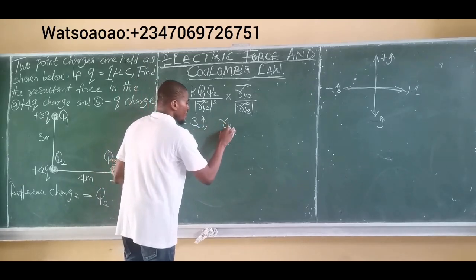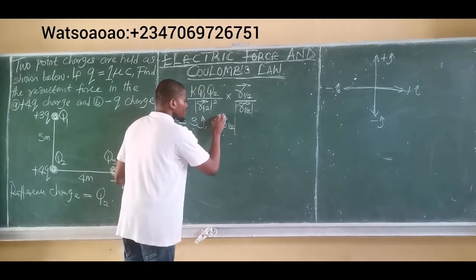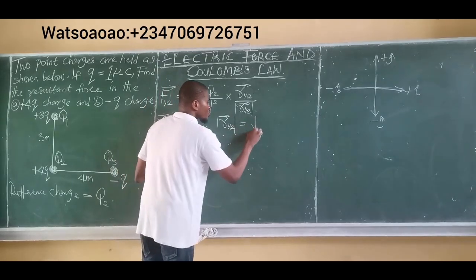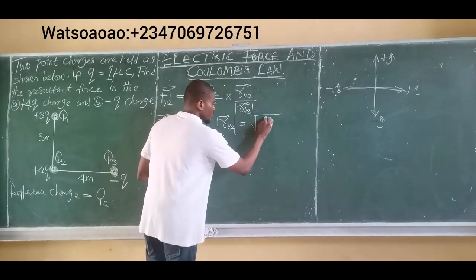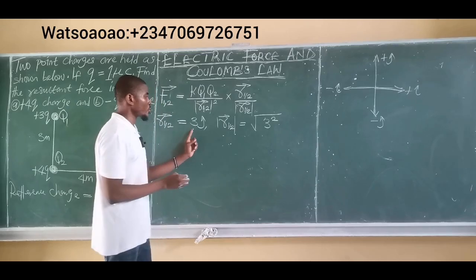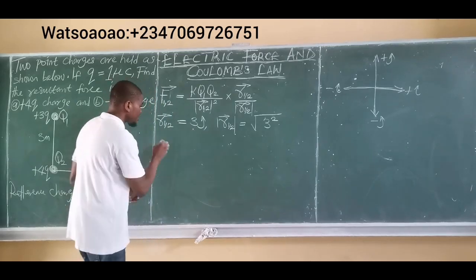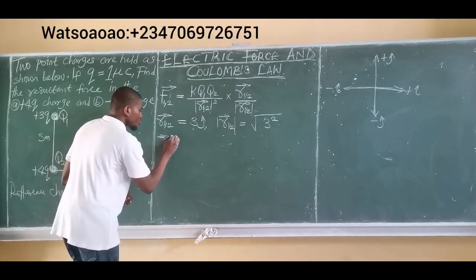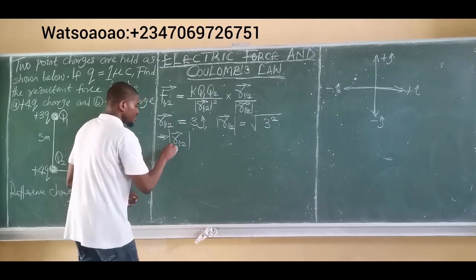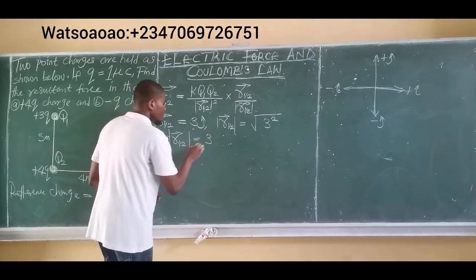Magnitude simply means taking the square and square root of that given position. So the square root of 3 all squared means the magnitude R1,2 also remains the same, which is equal to 3.